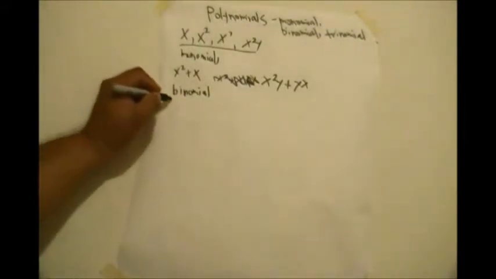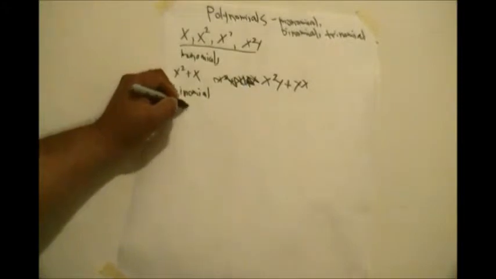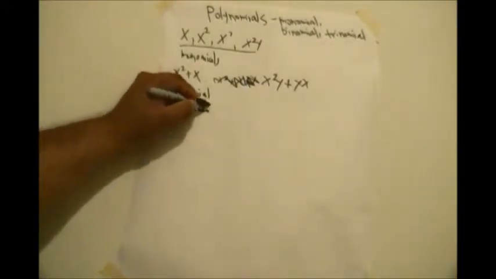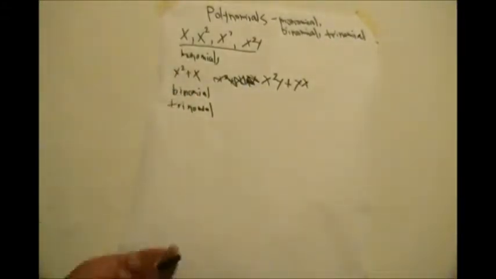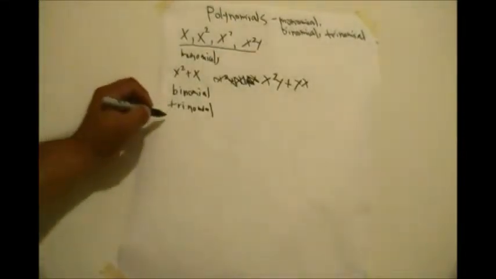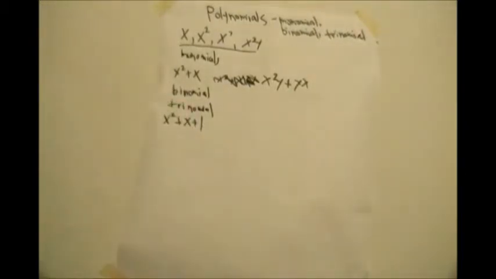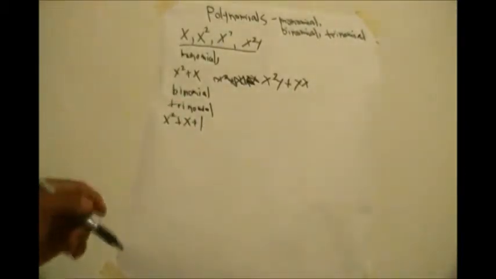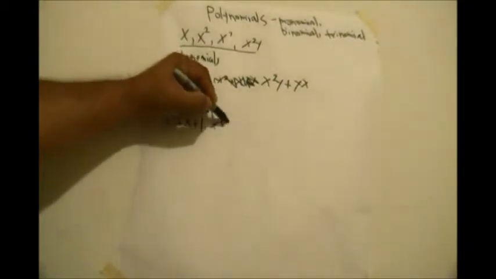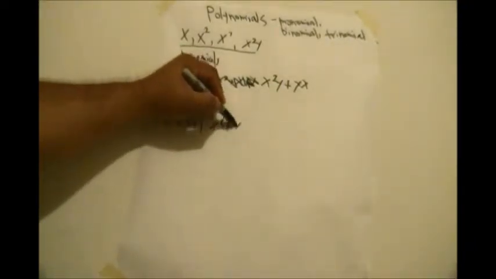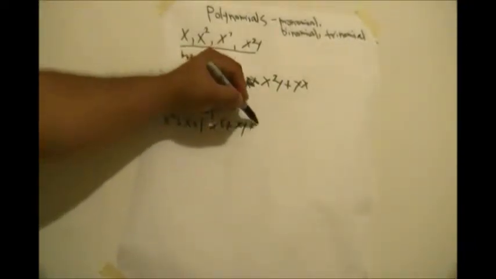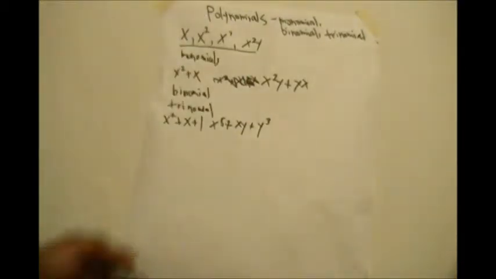Okay, let's talk about a trinomial. That means that we have three separate terms, right? So you could have x squared plus x plus 1, something like that. Or x to the 5th plus xy plus y cubed or something like that.